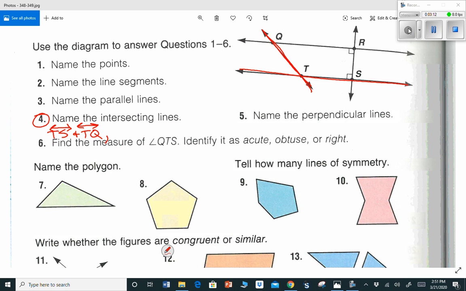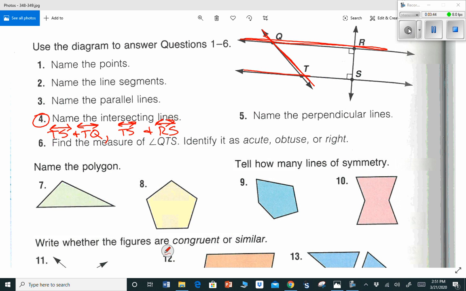Okay, so we took care of line TS with one line that intersects it. Line TS also intersects that line. So line TS and line RS. Okay, so we took care of everything with line TS. We already did this one down here. Now let's do this one right here.